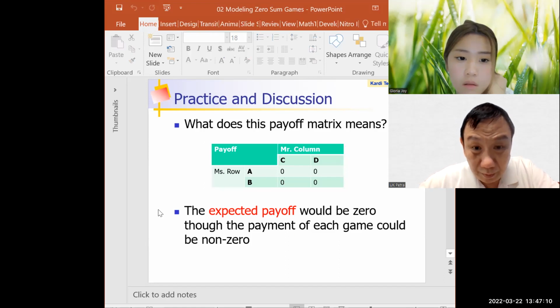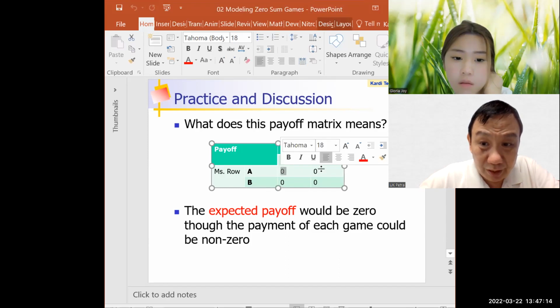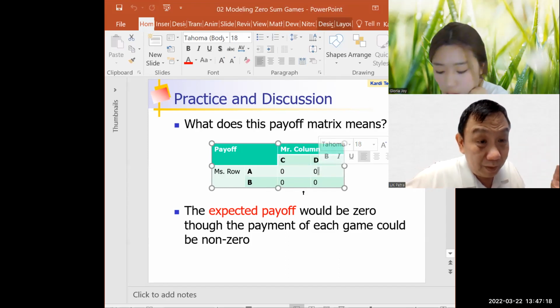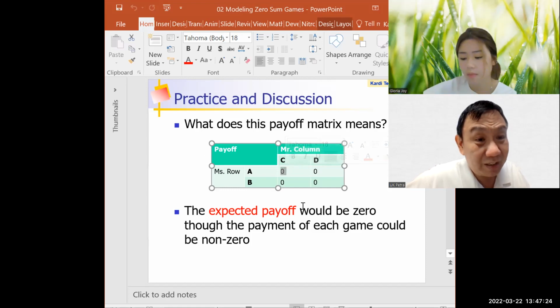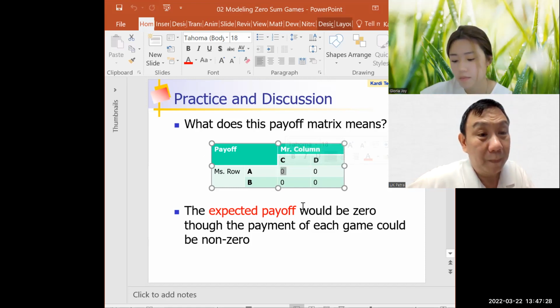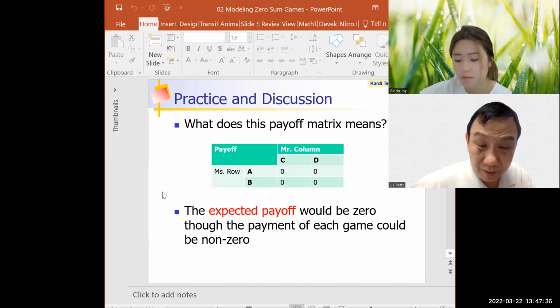Okay. So we can put all zero here, does not mean that actual gain is zero. You should know that the meaning of zero here is representing expected payoff. That means it can be positive, can be negative, but the average is zero.